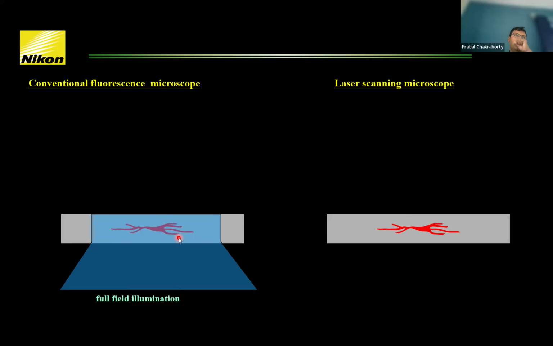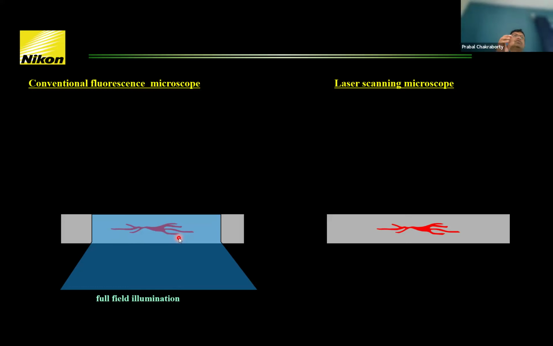Photo bleaching means, sorry, the fluorophore molecule will give you excitation and emission. Now, if you illuminate the fluorophore molecule with light for a longer time or with a strong amount of light, the fluorophore molecule loses its capability to give you fluorescence, and it enters a particular state called the dark state.